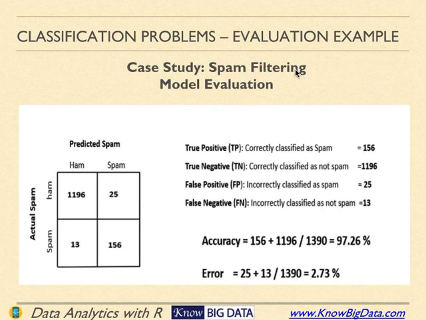So 10 divided by 21 is the overall accuracy. And the error is 10 plus 1 divided by 21. So accuracy plus error will always be 1.